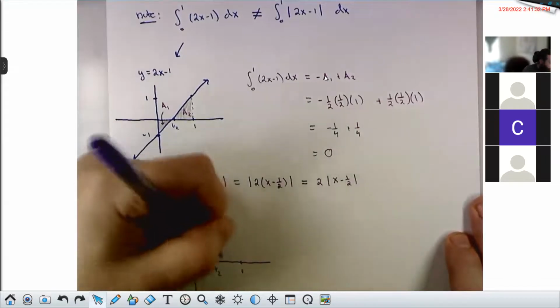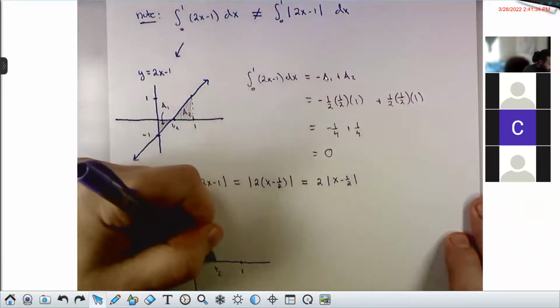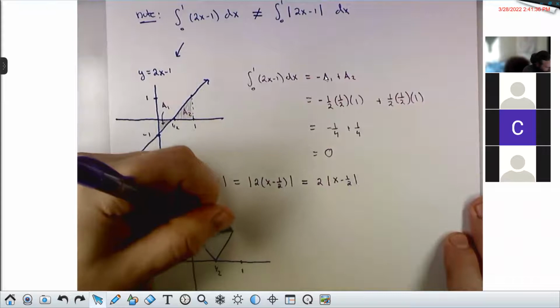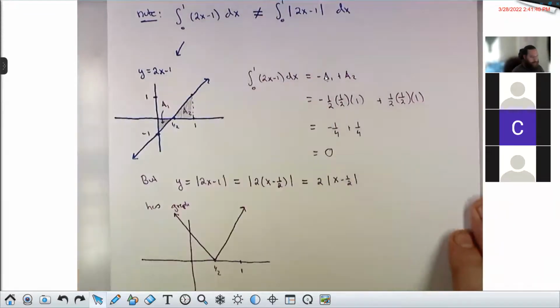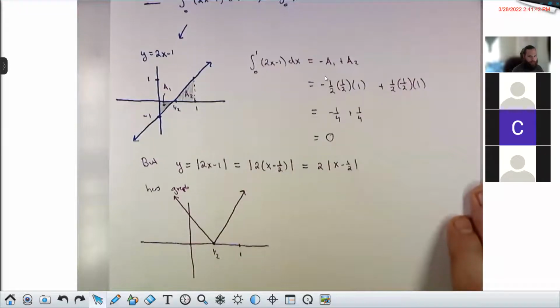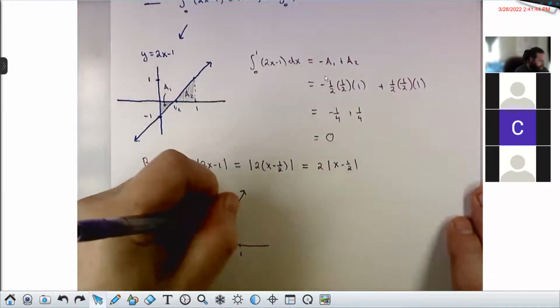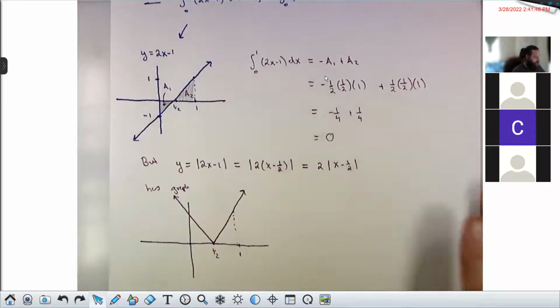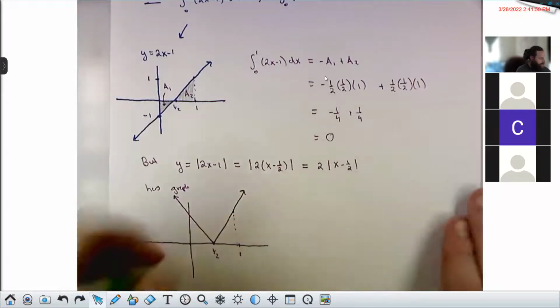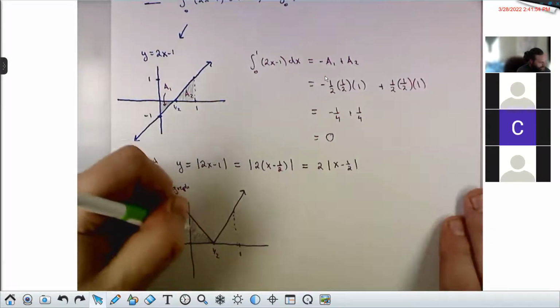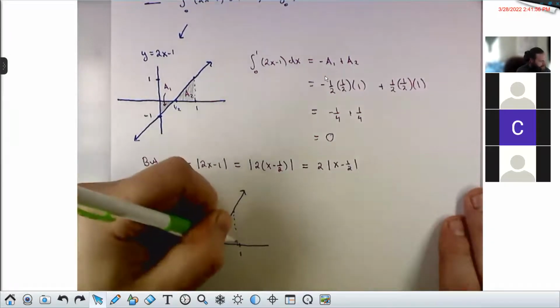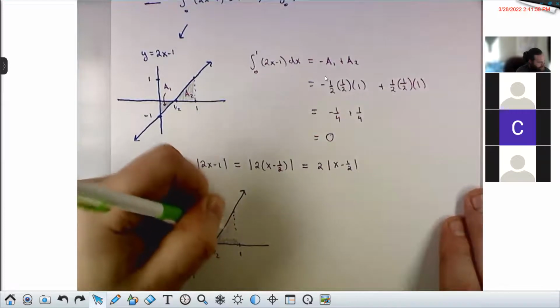We will get this, which is the graph we're after. So the area I'm looking for here is this area plus this area.